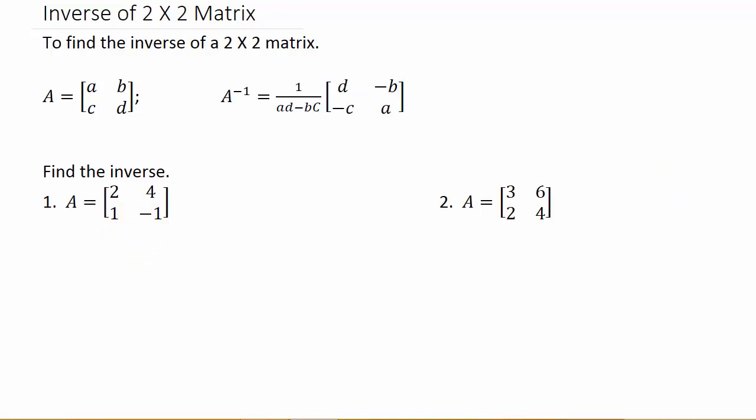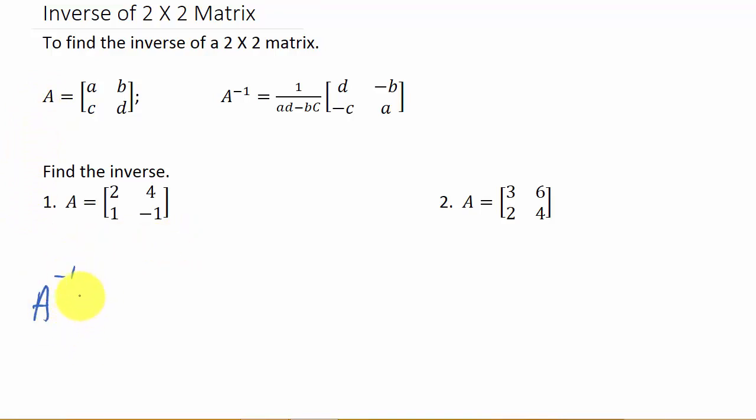And this is how we represent the inverse, with that little exponent there, minus 1. That means the inverse of matrix A. And matrices are usually represented with capital letters. Alright, so let's go ahead and find the inverse.